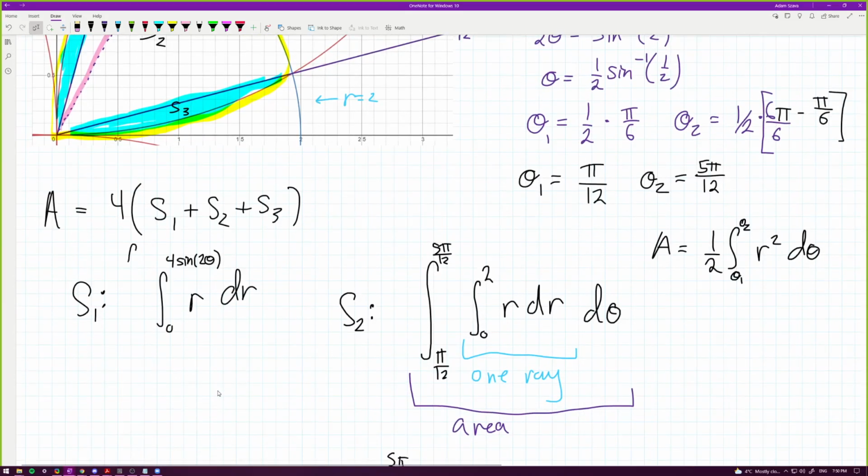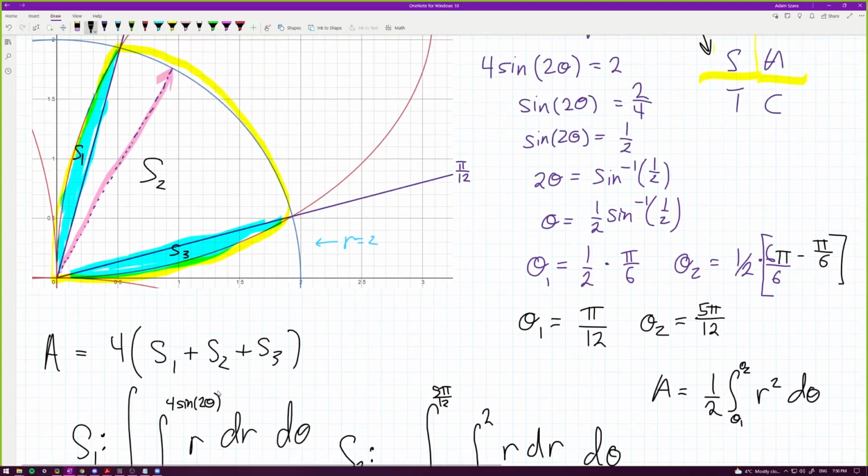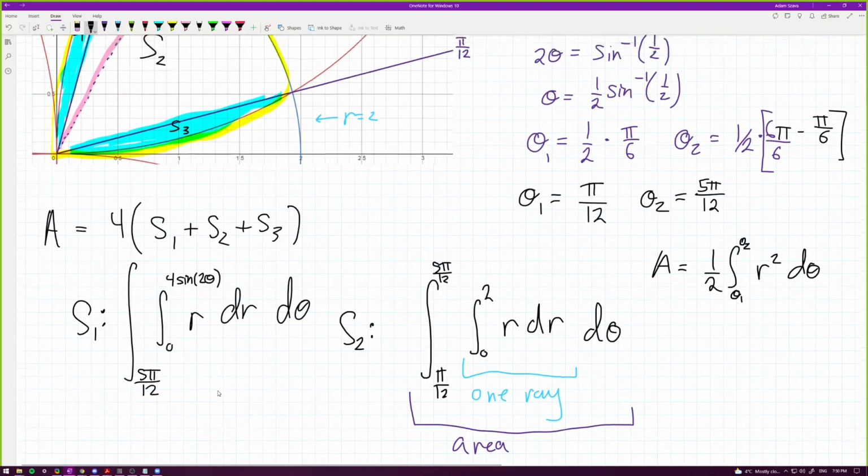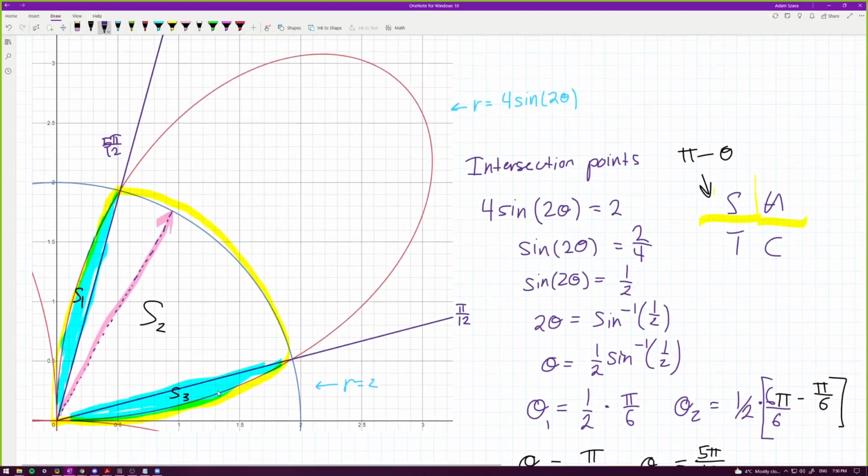And then we want to integrate d theta, but from where to where? Well, from 5 pi over 12, right? From this ray like that, we want to add together all these rays. So all these rays like this. All these rays together, we want to add all their lengths. In fact, we want to integrate all those lengths, all of them up until the ray is vertical, right?